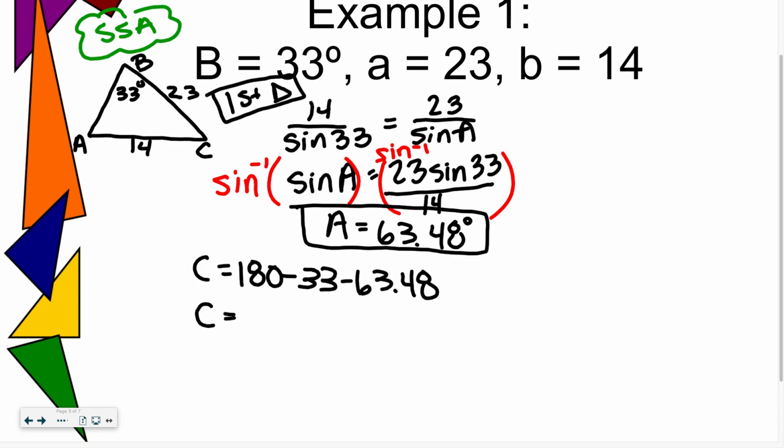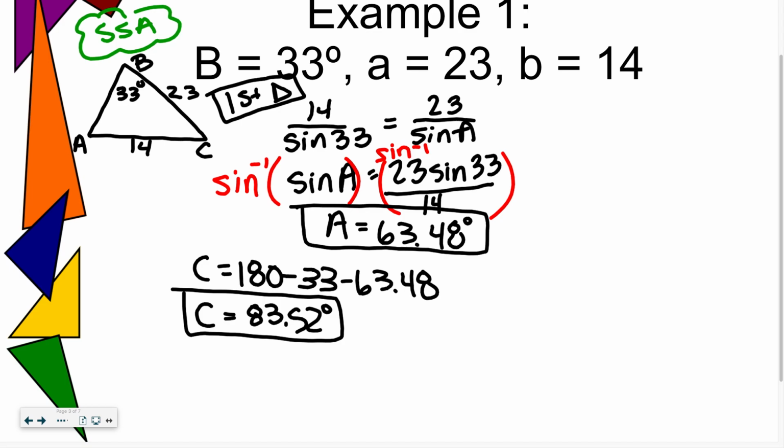So 180 minus 33 minus 63.48, that gives me 83.52.